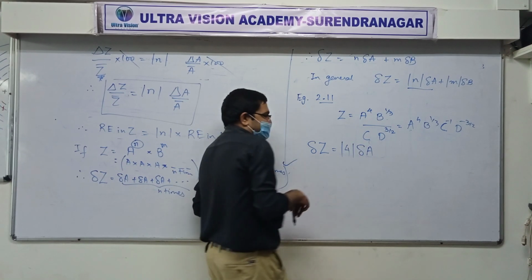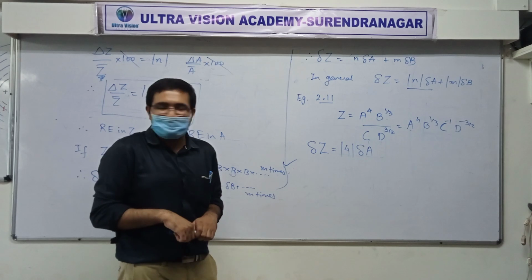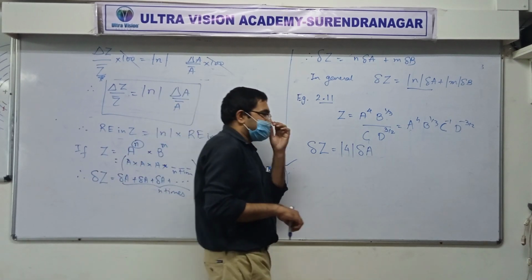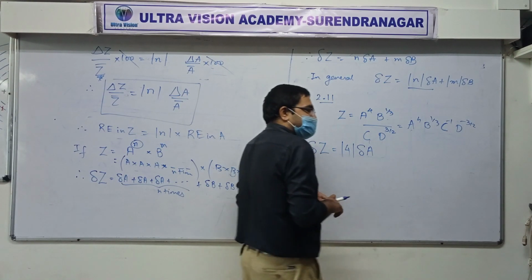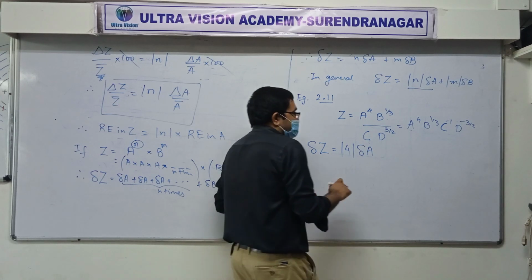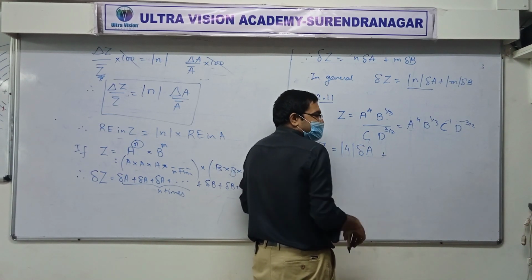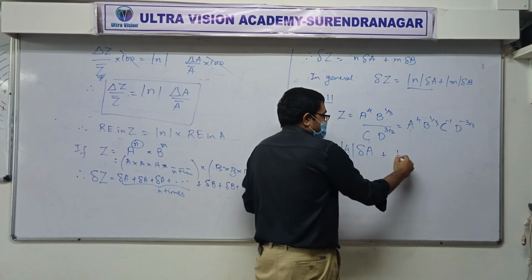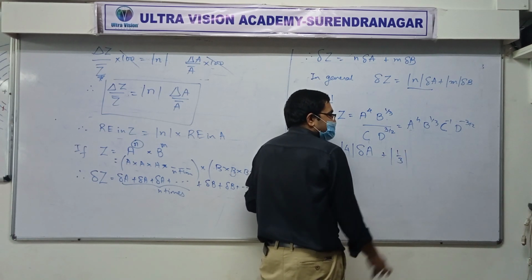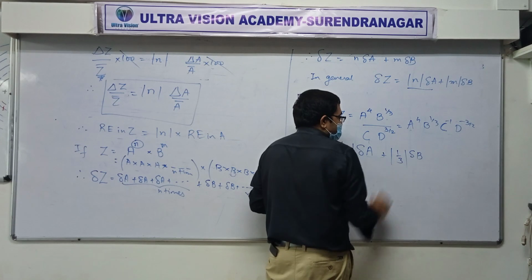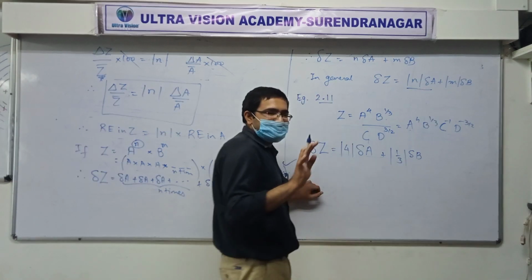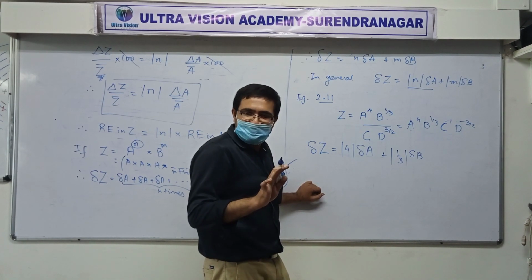Modulus 4. Clear or not clear? Okay, sit down. Well done. Now Ruby, what next? Plus 1 upon 3 in modulus. Okay, very good. Sit down. Understood everybody? Yes. Sure? Yes.